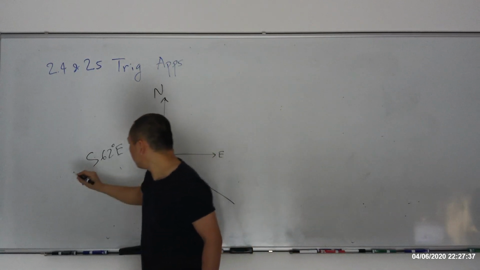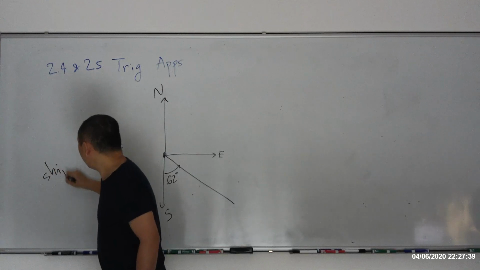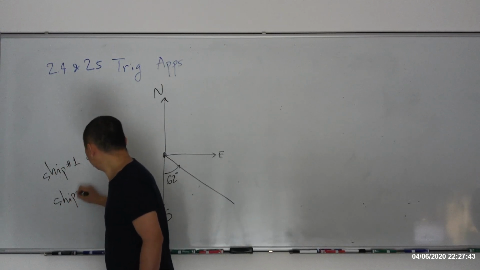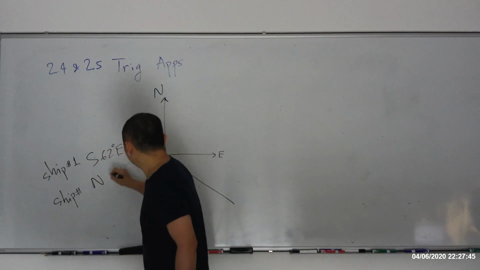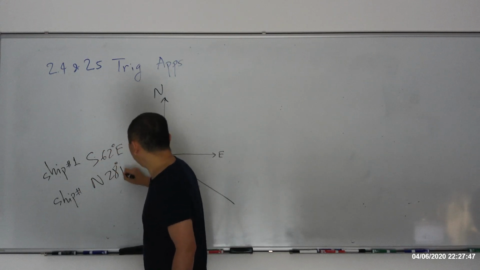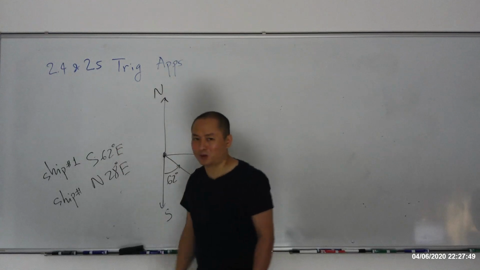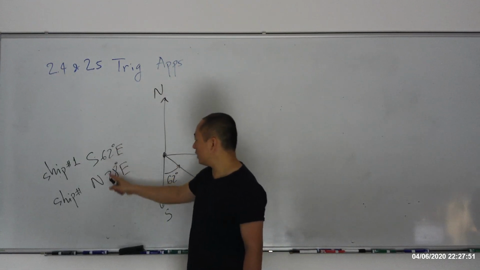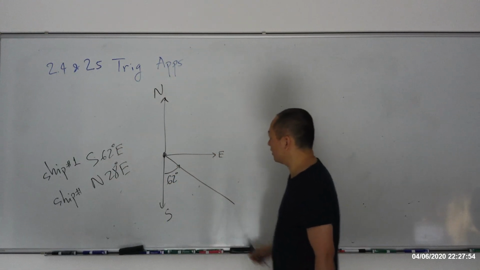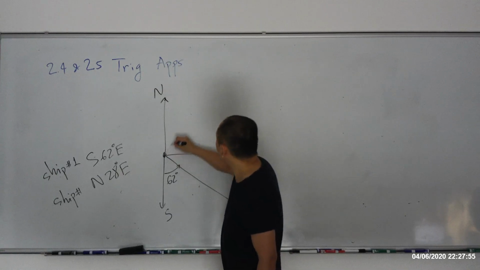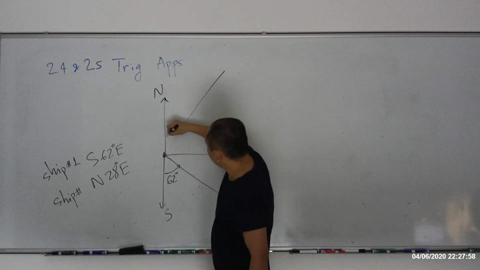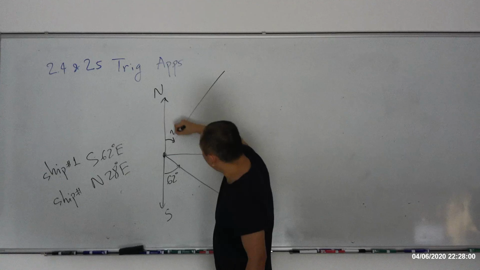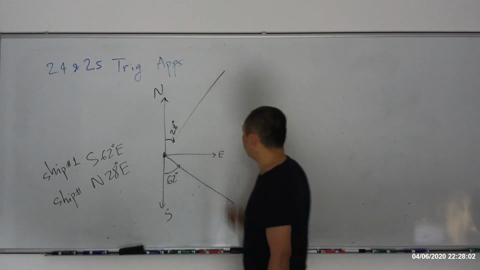This is ship number 1, and then ship number 2 sails north 28 degrees east. You see something special here: 62 plus 28 is 90 degrees, so pretty nice. So the second ship is moving in this direction, 28 degrees northeast.